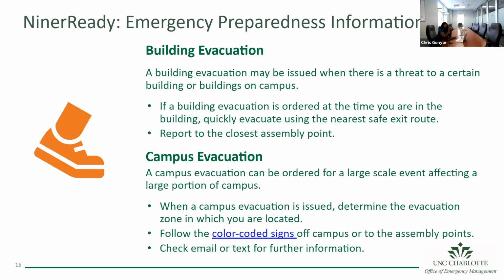At this time for campus evacuation, we do have color-coded signs. So if you're in a specific zone, you will see those signs directing you towards the evacuation route that you should take.